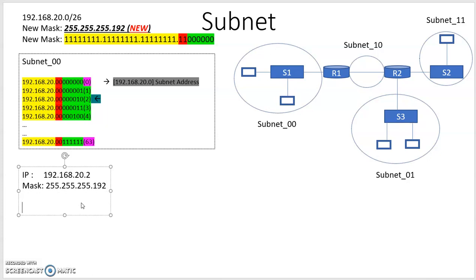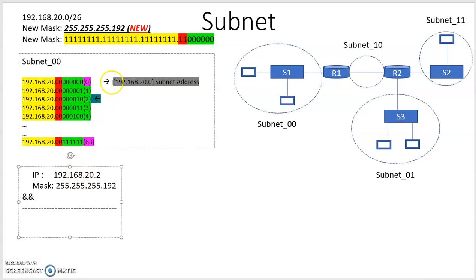So if I perform a binary AND operation, let me just put it like this. There we go. So let's perform a binary AND operation. I'm expecting to get this number, the subnet address. If not, this particular IP address cannot belong to this particular subnet.